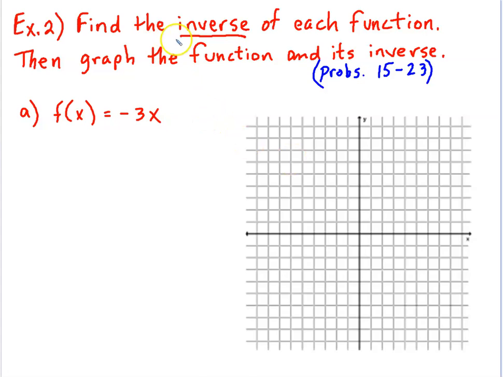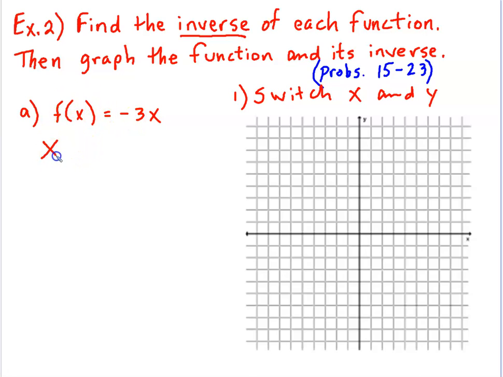All right, so there's two different steps that need to be taken when you want to find the inverse function. That first step is, here we are again, switch x and y. Switch places with x and y. Okay, so here's my original function, treating this like y.